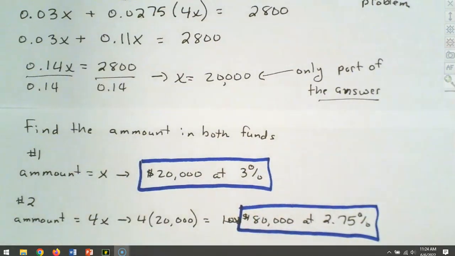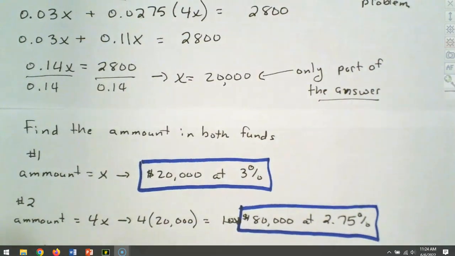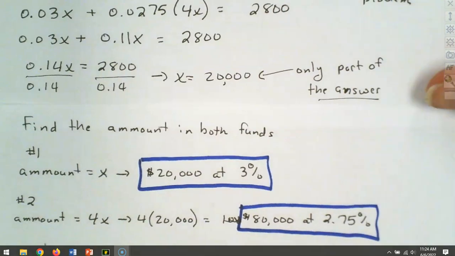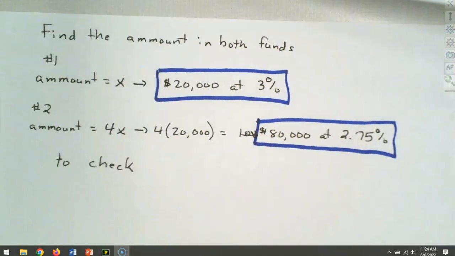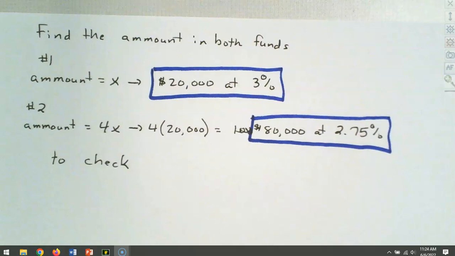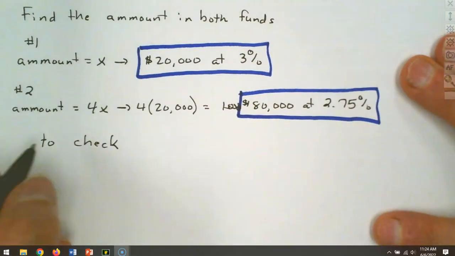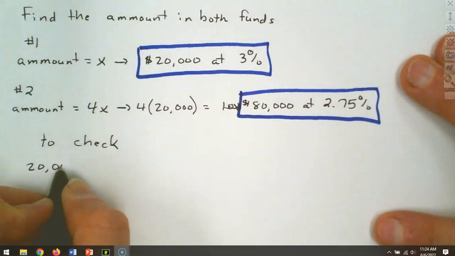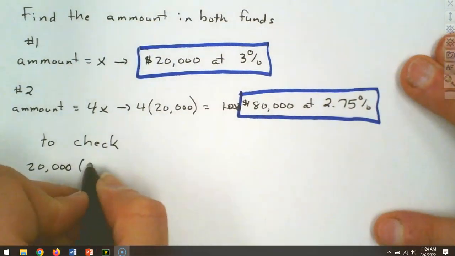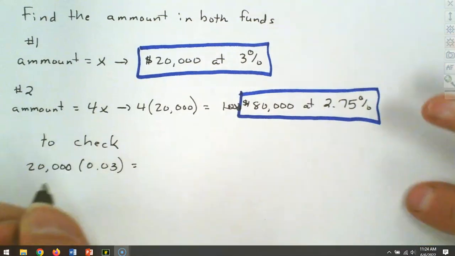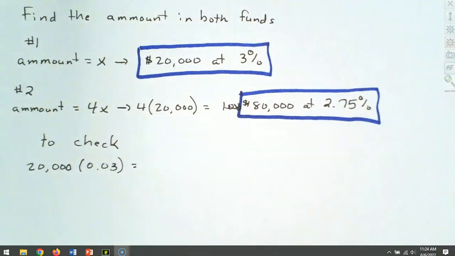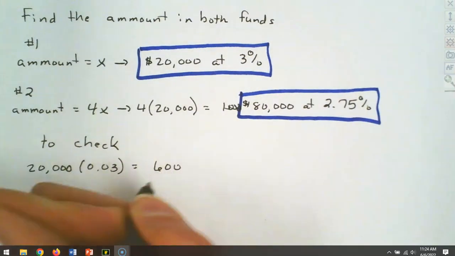How do we check? Here's how you could quickly check, if you wanted to make sure that what I'm doing is correct. You can check by multiplying. We take that 20,000 times 0.03, which comes out to be 600.